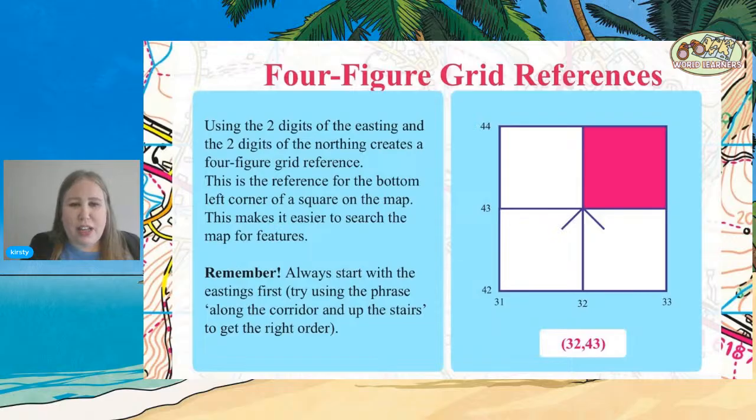Try to use that phrase: along the corridor and up the stairs. That's a good way to remember it. So we're going along first and then we're going up. So our grid reference for this pink square is 32, because that's our easting along the bottom, and then 43, and that's the point where the two meet. It's a little bit like when we looked at our lines of longitude and latitude, isn't it?